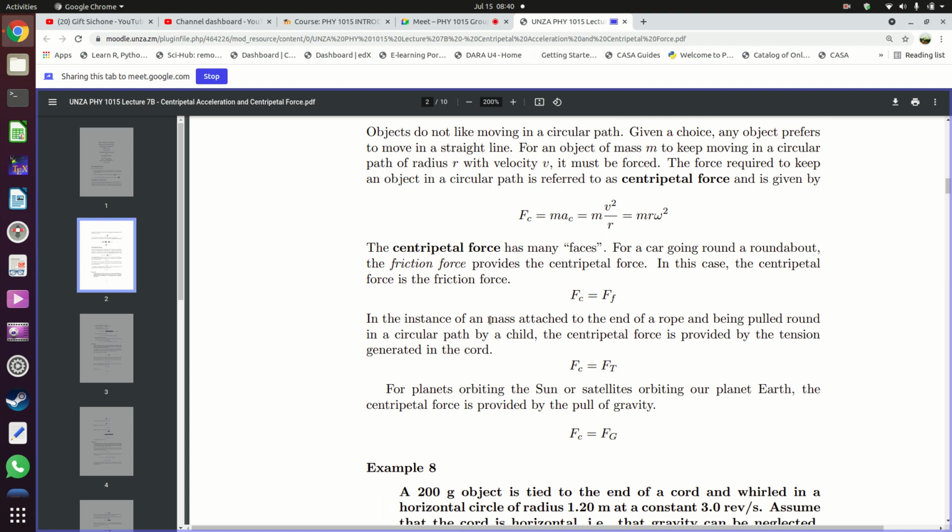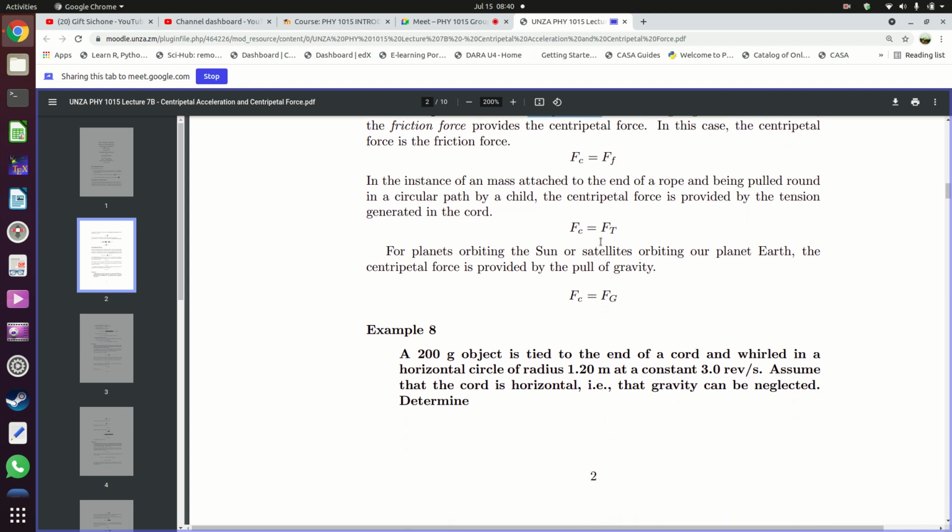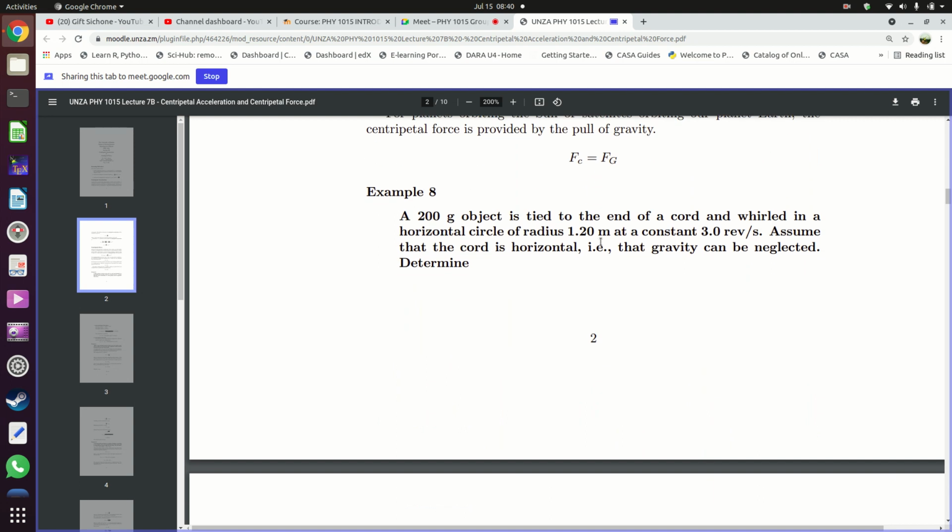We have situations where sometimes the friction force is what provides the centripetal force. Other times it's the tension, F_t, that provides the centripetal force. Other times it's the force of gravity providing the centripetal force. They're just equal. That's why I said centripetal force has got many faces, depending on what situation is going on. Are we clear?